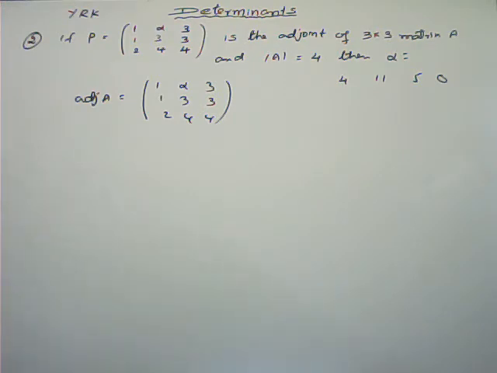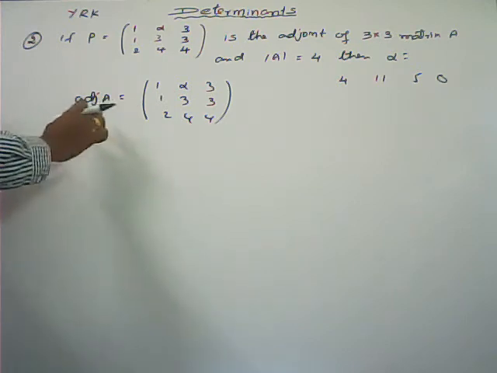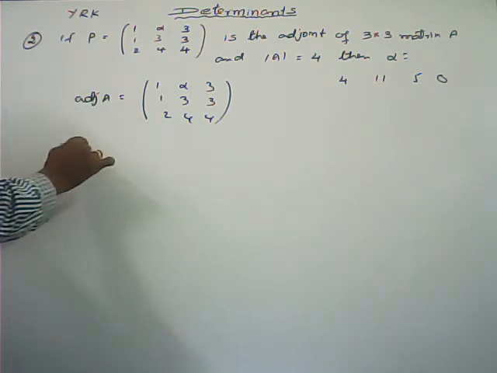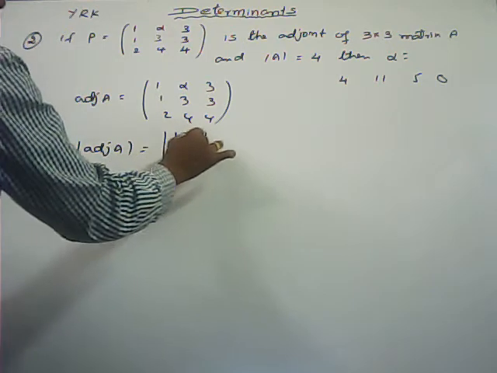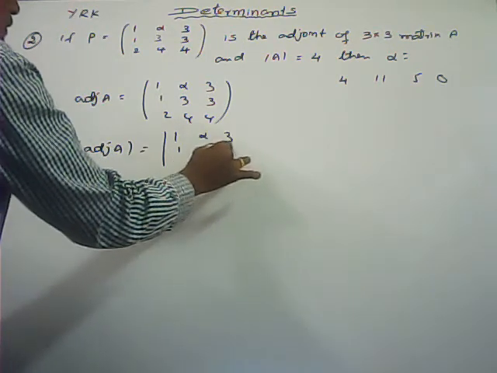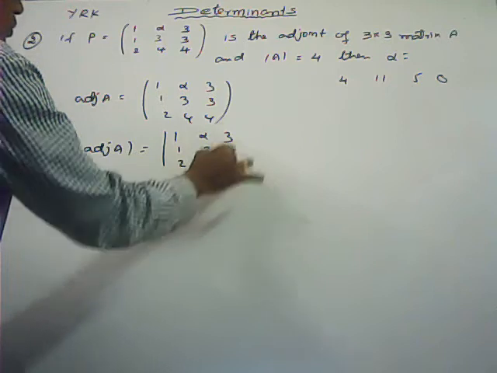So everything we express in terms of det A. Here I am taking determinant on both sides. Det of adjoint of A is equals to det of 1 alpha 3, 1 3 3, 2 4 4.